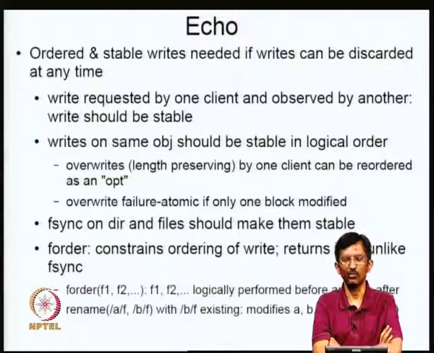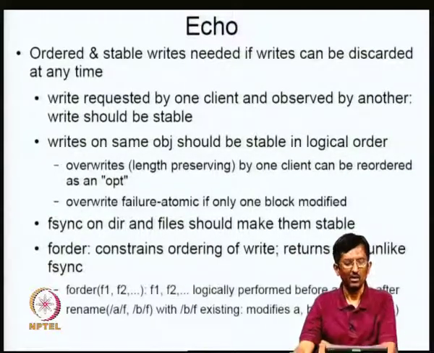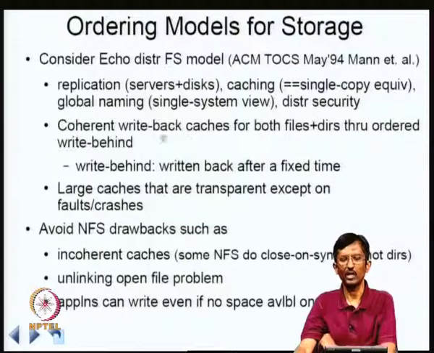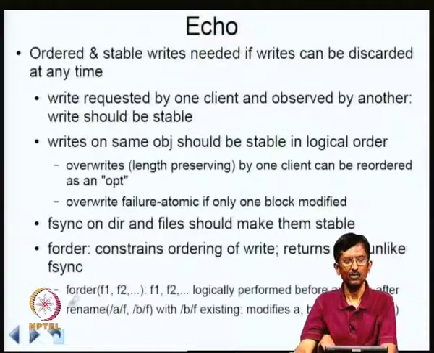Then F order can be used, and this is something which is not there in POSIX. fsync is there in POSIX, but F order is something which is there so that you can essentially satisfy these conditions. Okay, various design aspects about coherent write back cache, etc. For these things you need F order. So this is a new thing, it's not part of POSIX.